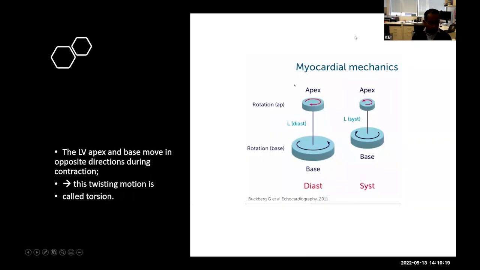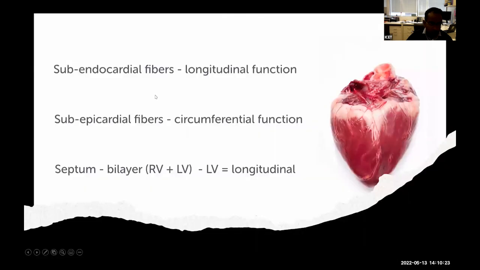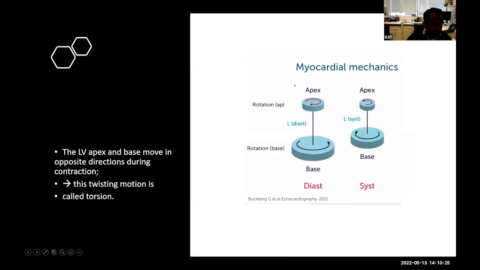As I've alluded to before, there are myocardial mechanics of the heart. It's a twisting motion, like when you twist a towel. The apex will rotate in one direction, and the base rotates in the opposite direction.